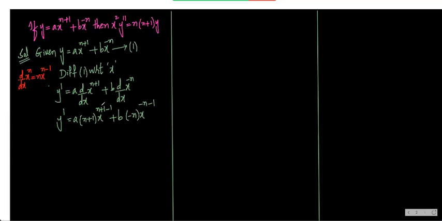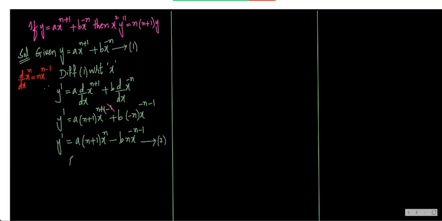So then y dash is equal to, if you want to continue this, a n plus 1 x power n, okay, plus into minus is minus, bn x power minus n minus 1. एक बार डेरिवेटिव हो गया, इक्वेशन नंबर 2 बोलो.